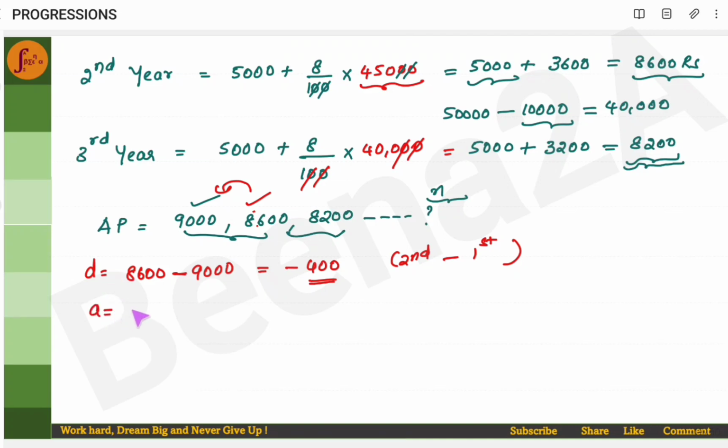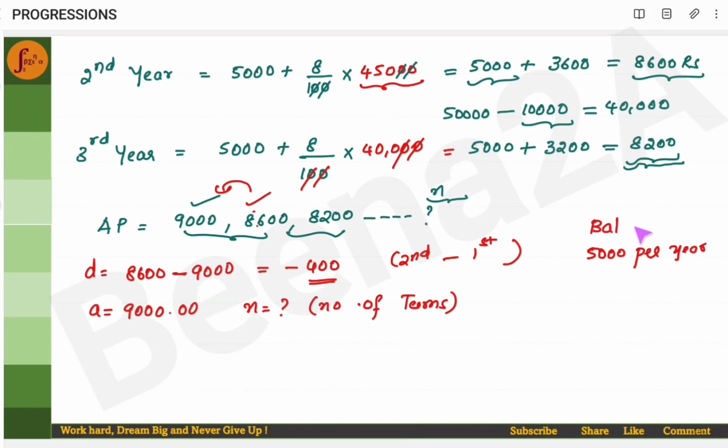First term we know, A is 9,000 rupees. What is N? Do we know N? This is the number of terms. We don't know how many terms, right? But we can find out N. How? He is paying 5,000 per year.